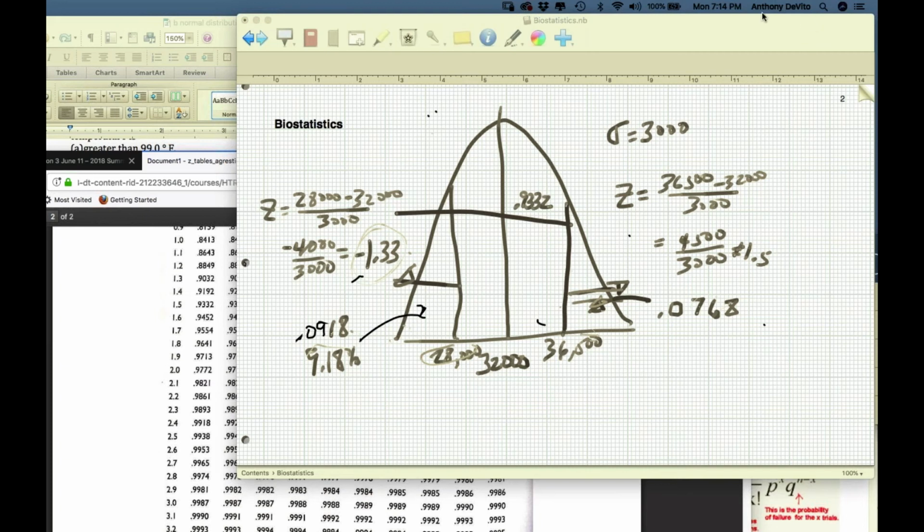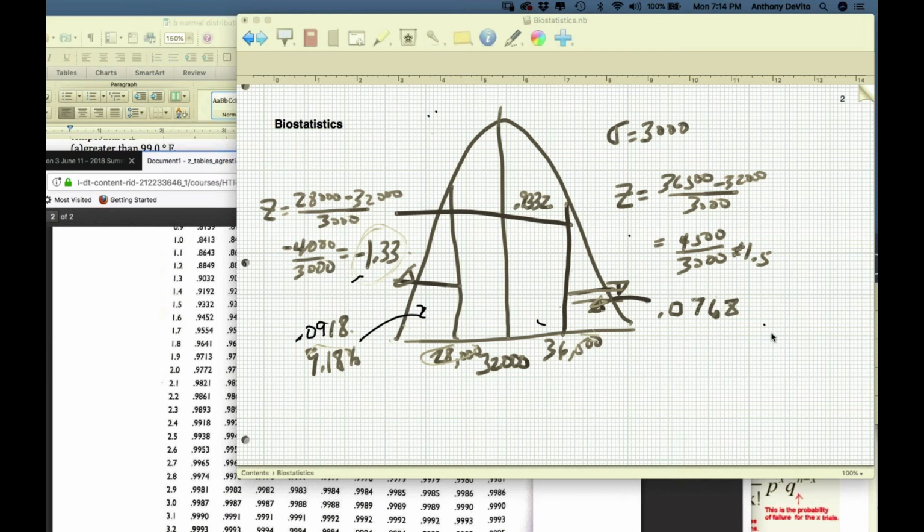As a shortcut, could you use whatever the area is for the complementary negative z-score? Let me think about that for a second. Yeah, that sounds right. Yes, because they're symmetrical.